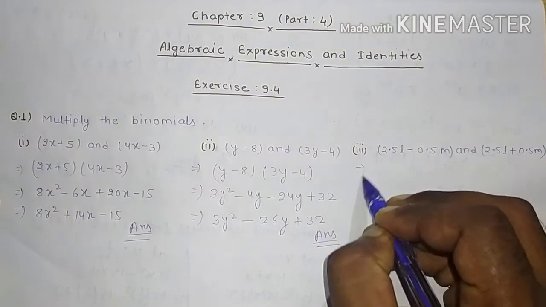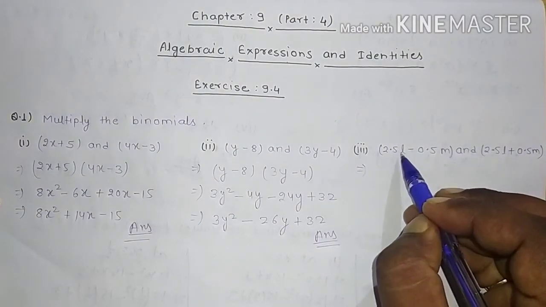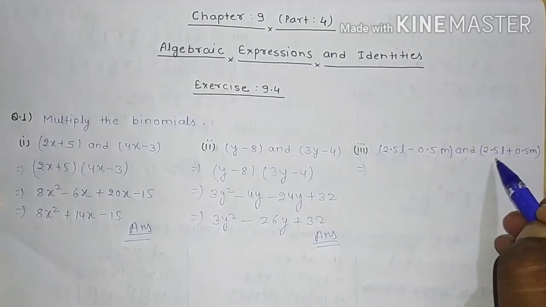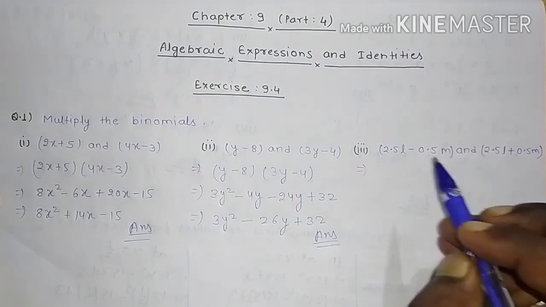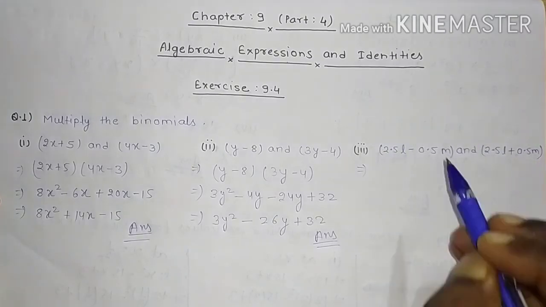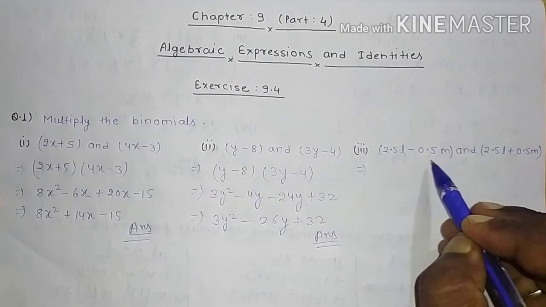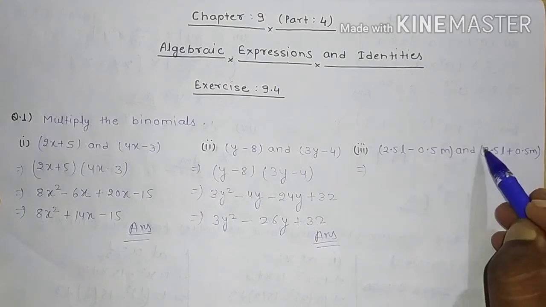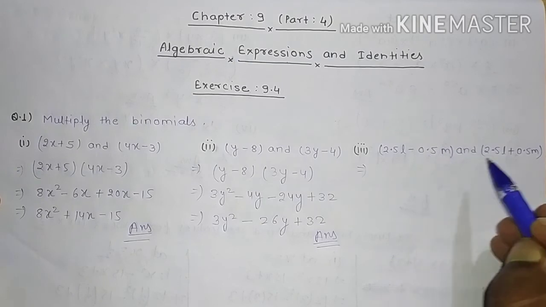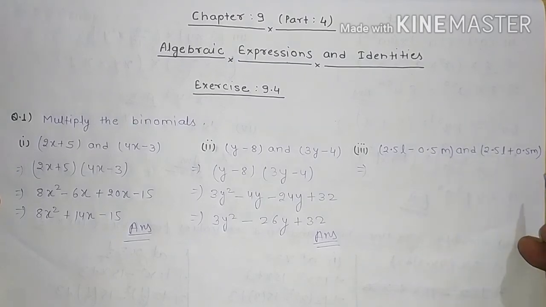Now 2.5L is multiplied into 2.5L, then 2.5L is multiplied into 0.5M. After this, 0.5M is multiplied into 2.5L, then 0.5M is multiplied into 0.5M.